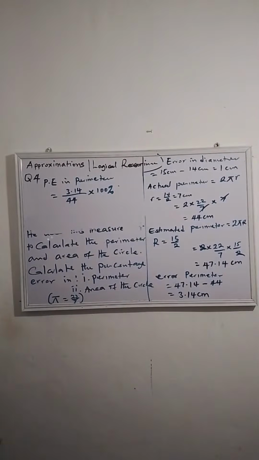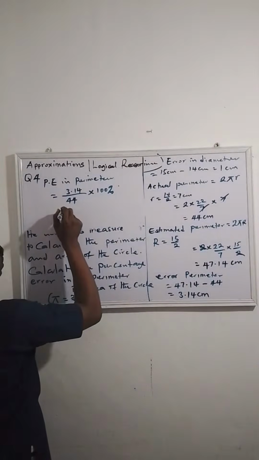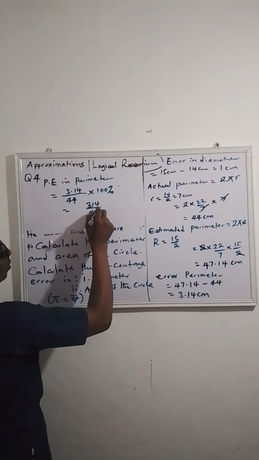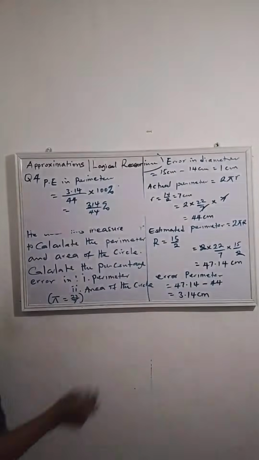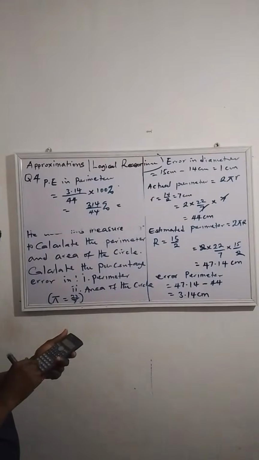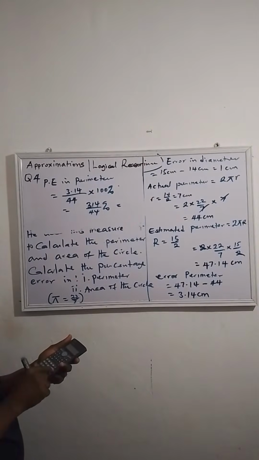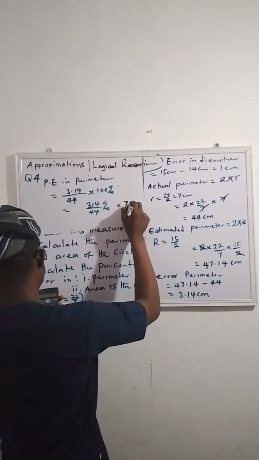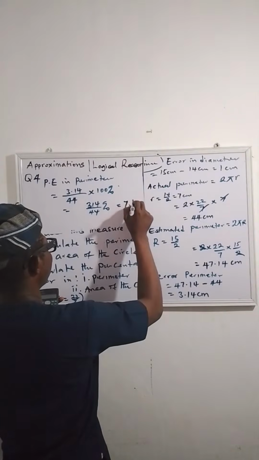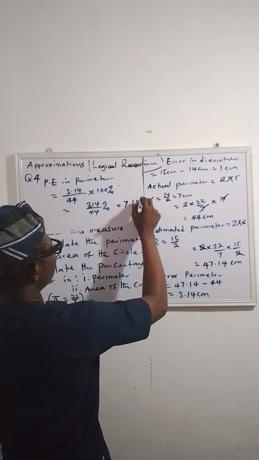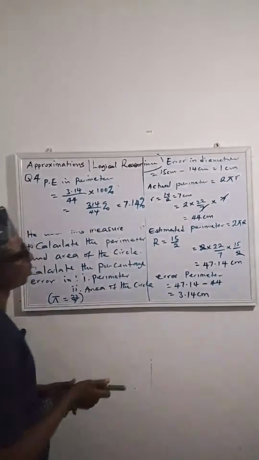Okay, and that is the same thing as 314/44%. So when you divide this, what do you have? You're supposed to have a decimal number, so 314 divided by 44. Okay, so what do you have? You have 7.14%.